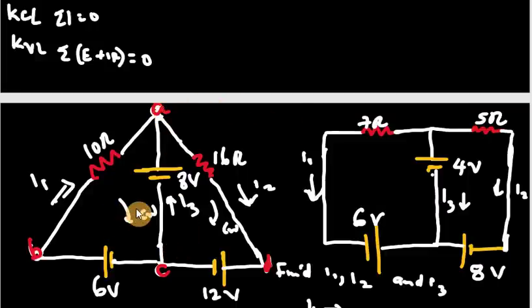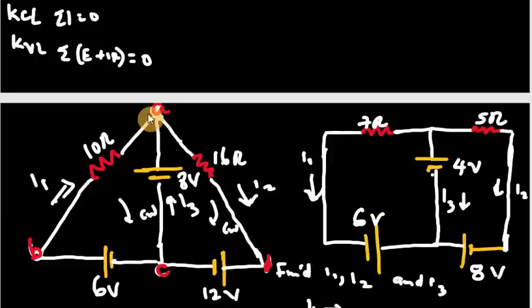In the other example we solved in our last video, we had a problem that has only one loop. For instance, if there is no current that flows through this side, this and this become a series connection. And as I have said, we make use of Kirchhoff's law when the circuit becomes complicated.